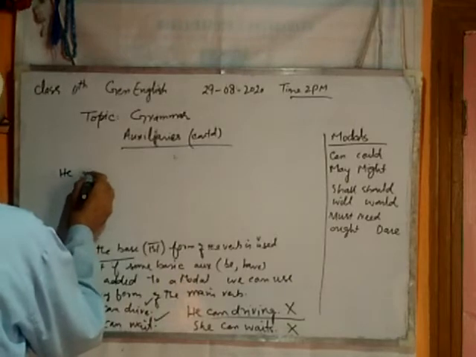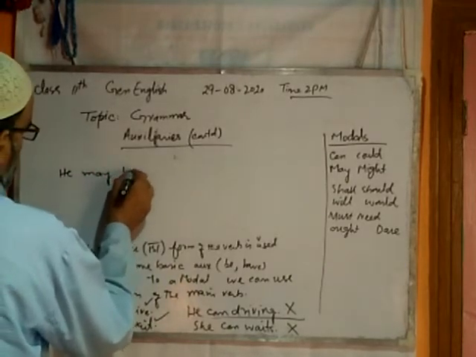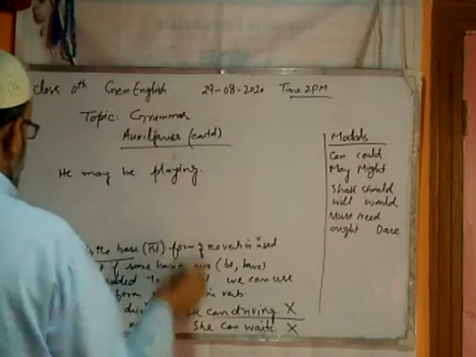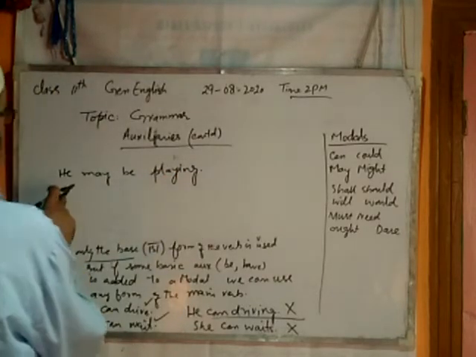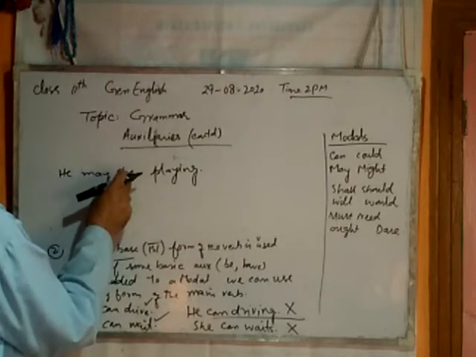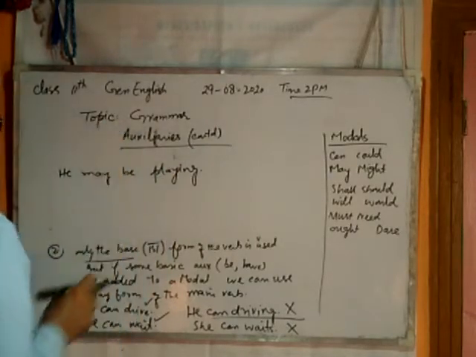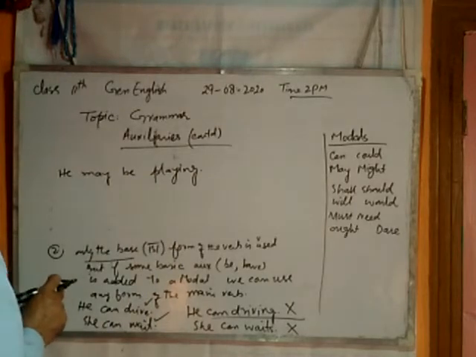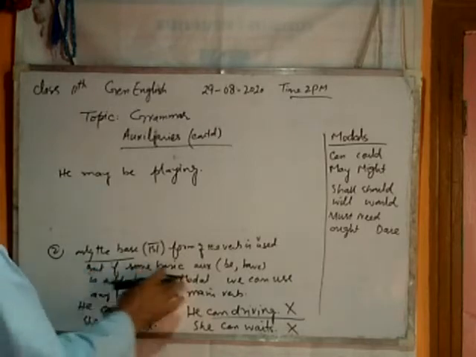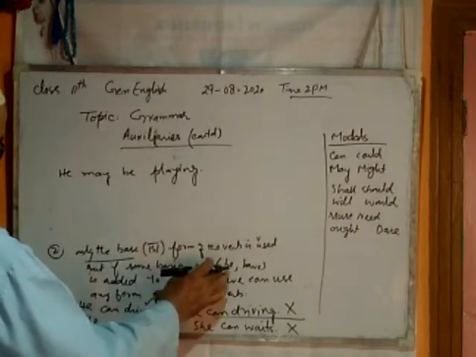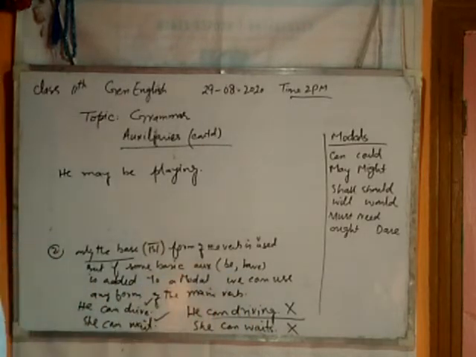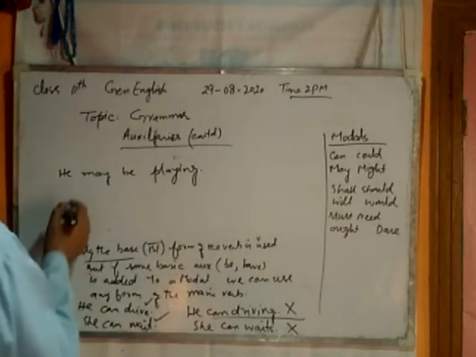He may be playing. Here we use the modal may, with it we use be, so with be we use the ing form of the verb. I feel you have got this point.